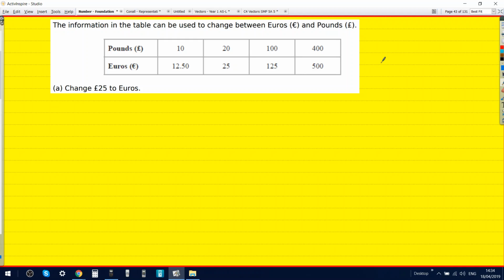So 20 pounds is equal to 25 euros. It's not giving us the exchange rate, so you'd have to work it out yourself. So in order to find out what it is, it's dividing, isn't it?